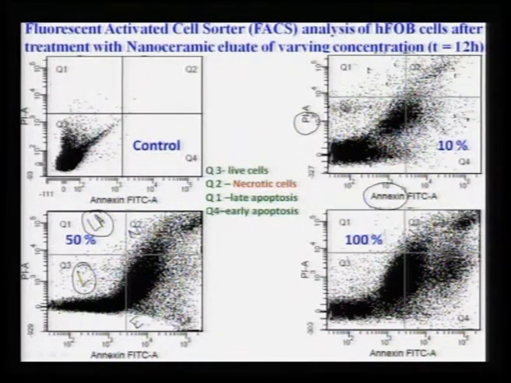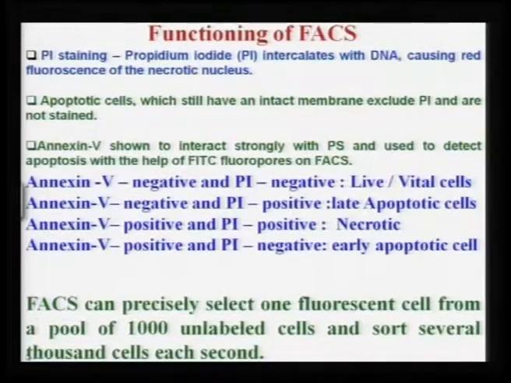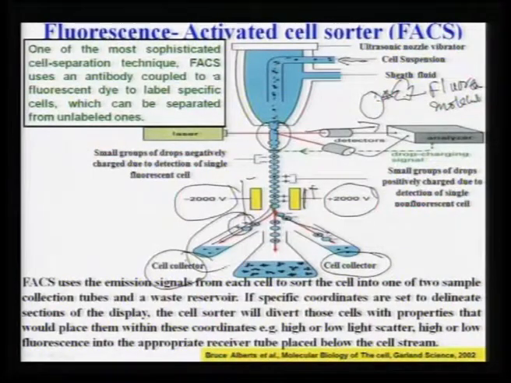The second thing you must remember is that each coordinate stands for one of the collector tubes. How many cells are deflected in a particular direction, that coordinate's data points reflect the cells in that particular collector tube.